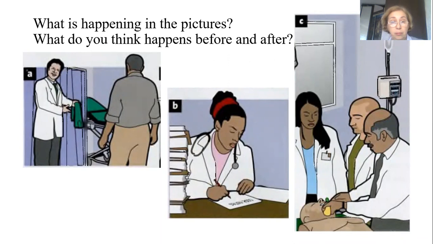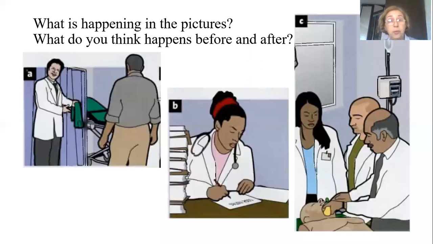Before she started writing, she might have examined some patient to get the information about the condition of patients, and now she's putting all the information on the paper, to memorize it.